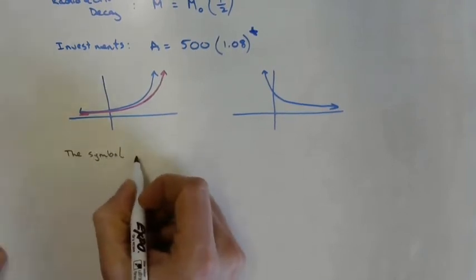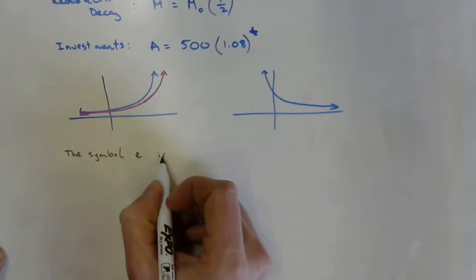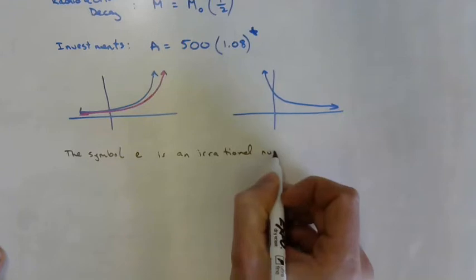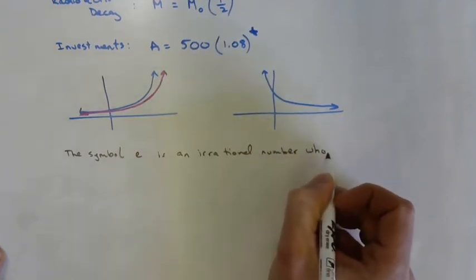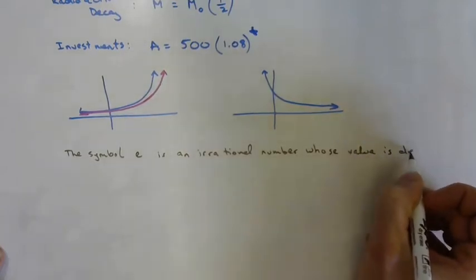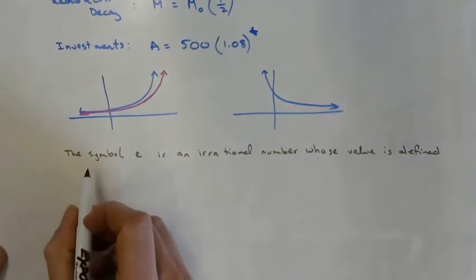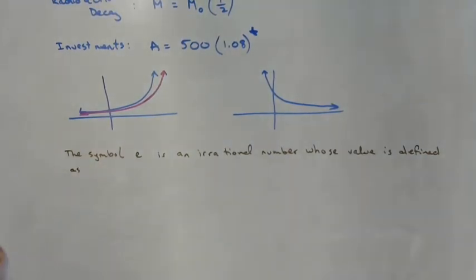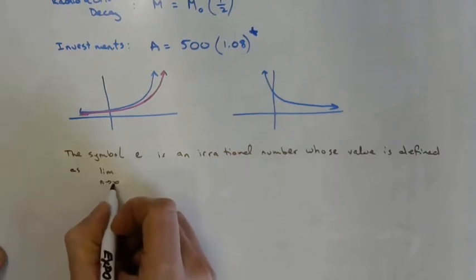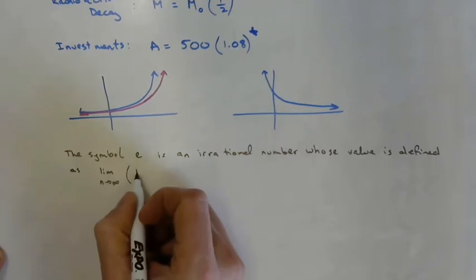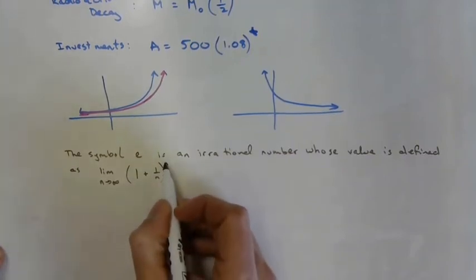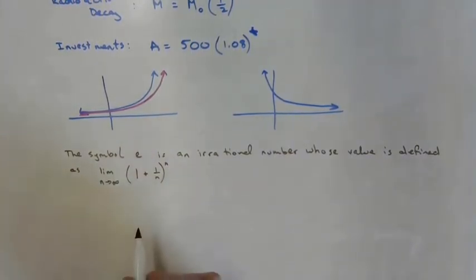The symbol e is an irrational number whose value is defined as the limit as n approaches infinity of 1 plus 1 over n to the power of n.